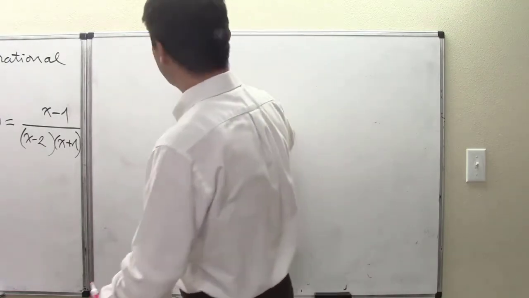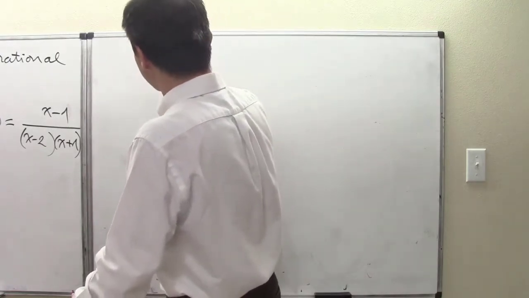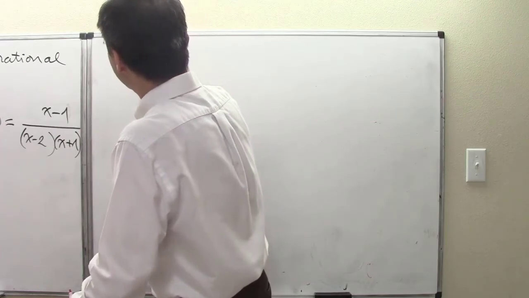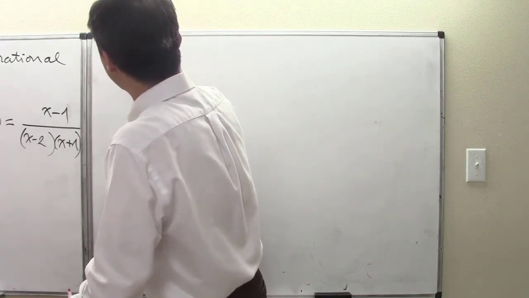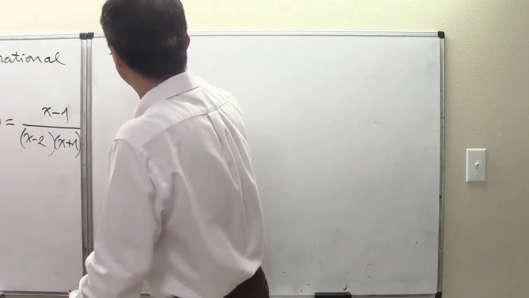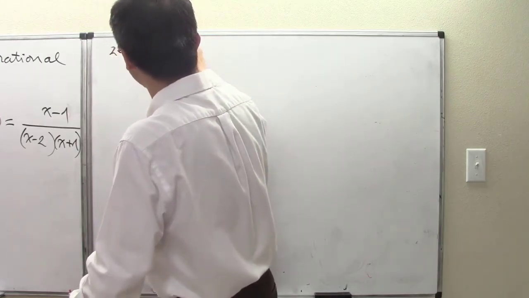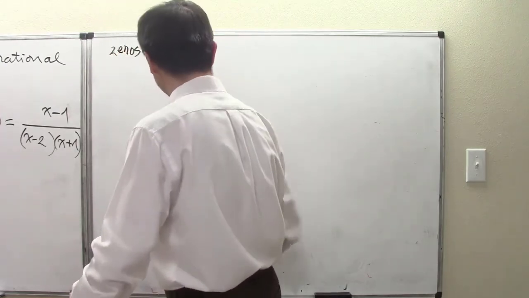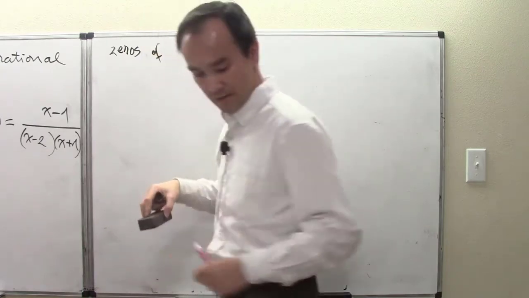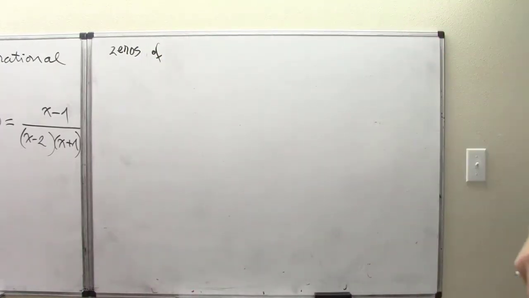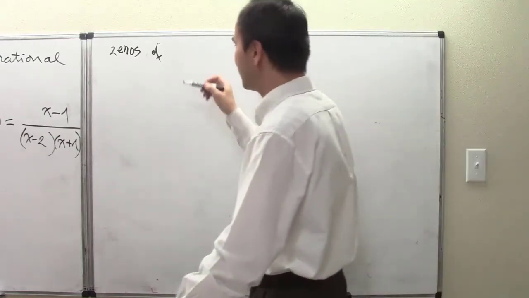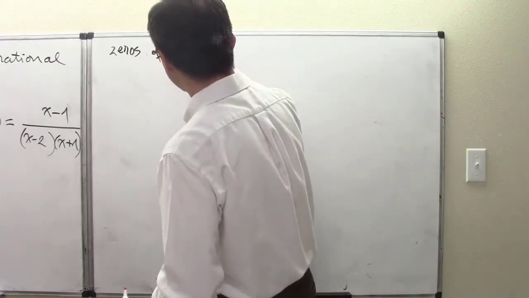All right, so now with our current rational function, I'm going to find all zeros of the numerator.